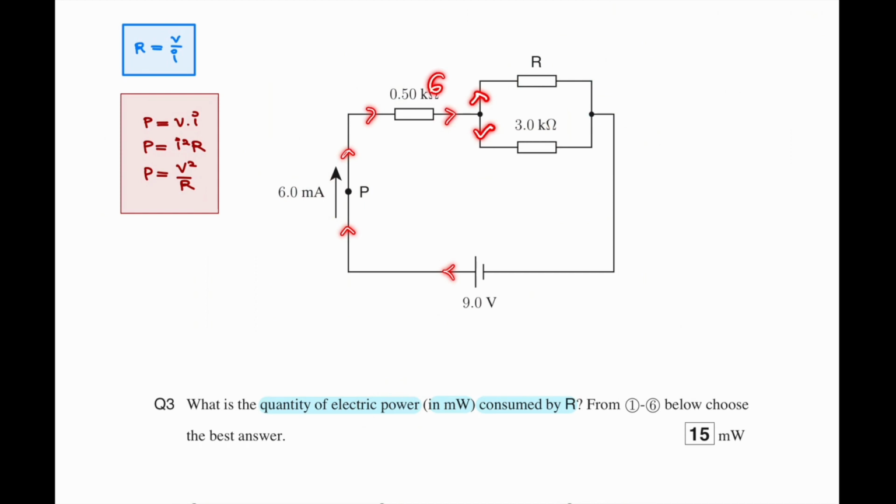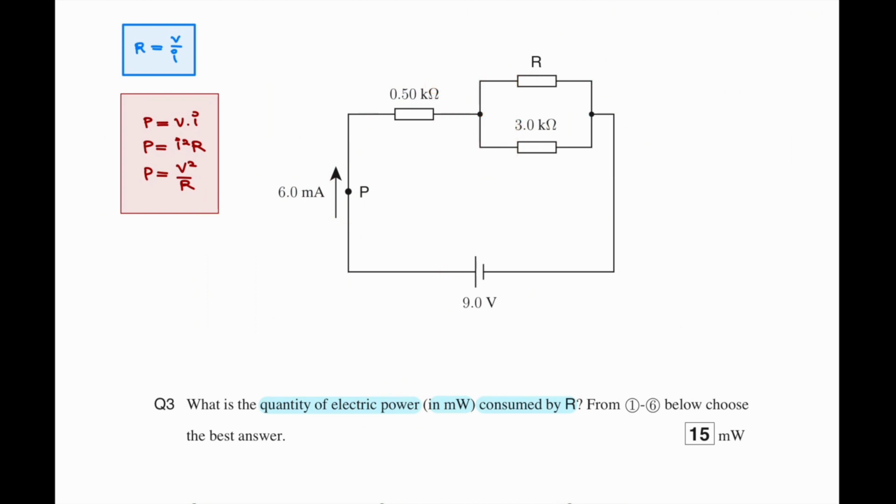So if this is 6 milliamps, these two currents are not equal to 6 because it will split or divide into 2. We do not know whether it splits equally or not.